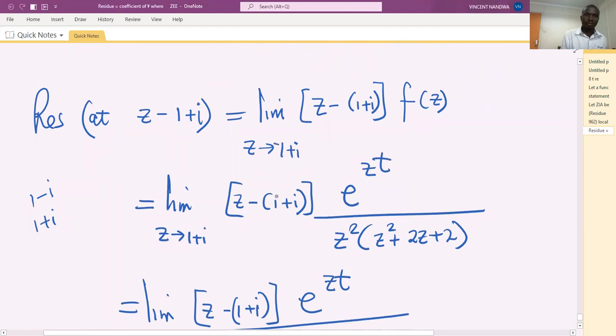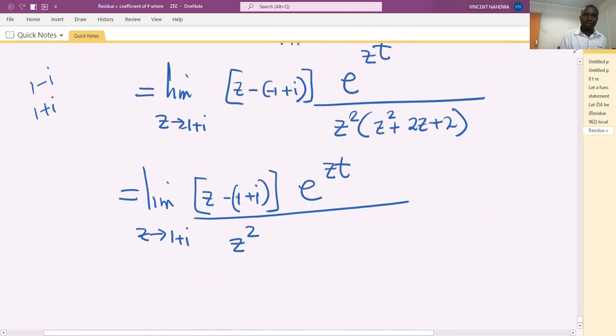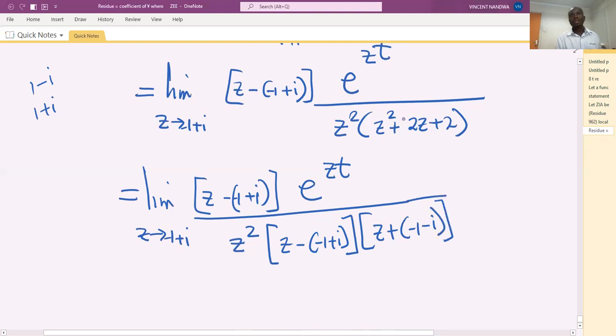So you can write it as z minus 1 plus i times z plus minus 1 minus i. So just writing this one as a product of two linear terms, which means this bracket and this bracket cancel out.